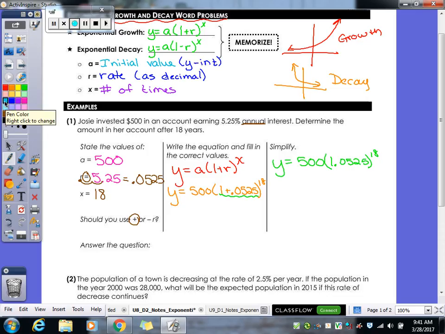Then under your blank screen, not in your y equals, but your regular screen where you do your calculations, just type in your 500 parentheses 1.0525 to the 18th power, and that's going to give us our answer.